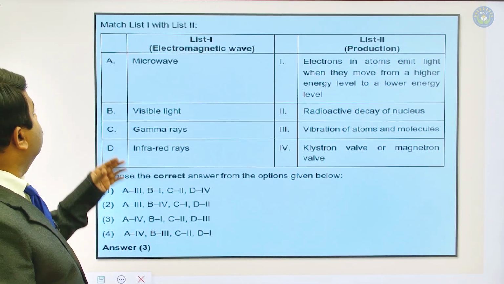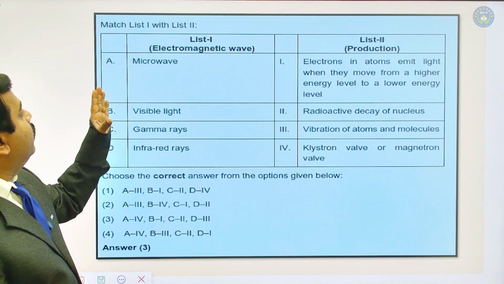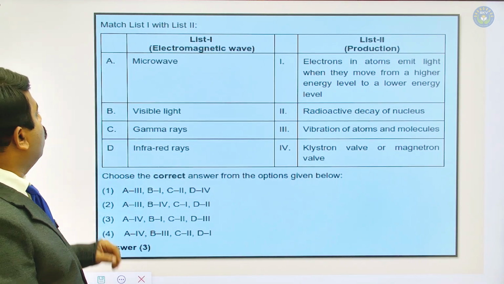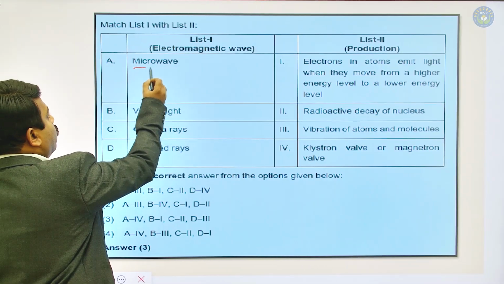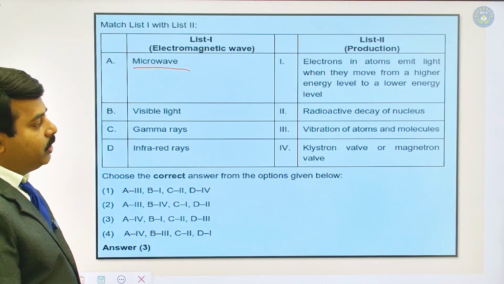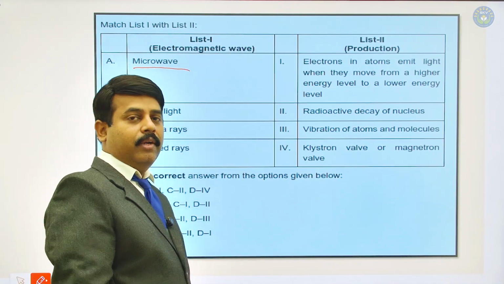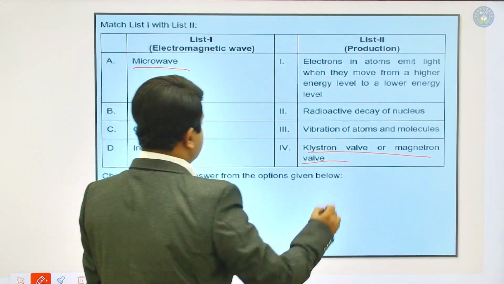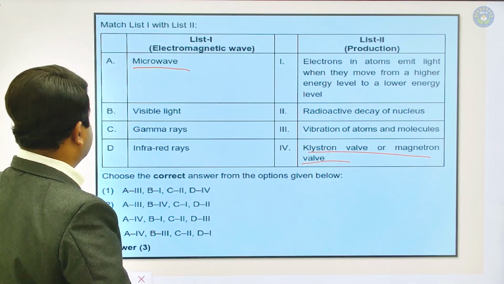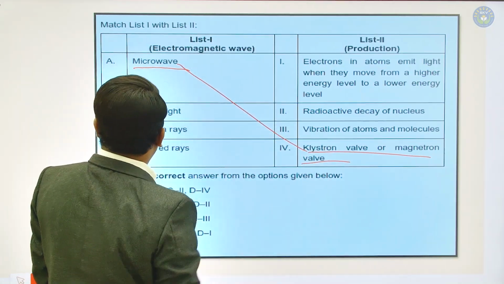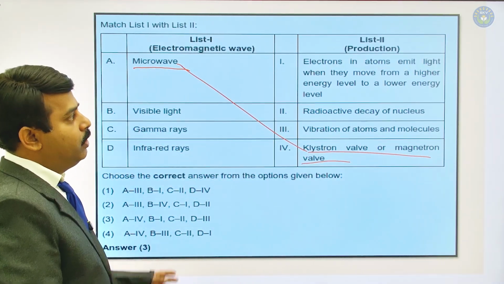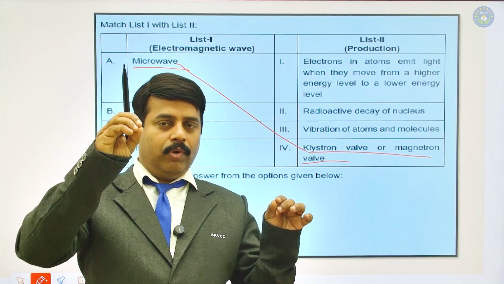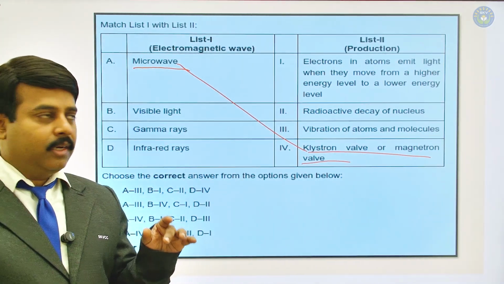Question number 45. Match list 1 and list 2. Microwaves, right? We studied klystron and magnetron valves producing microwaves, right? So option 4 is correct regarding microwave. Next, visible light. How is visible light produced? See, when atoms at a higher orbit jump into a lower orbit, visible light is released.